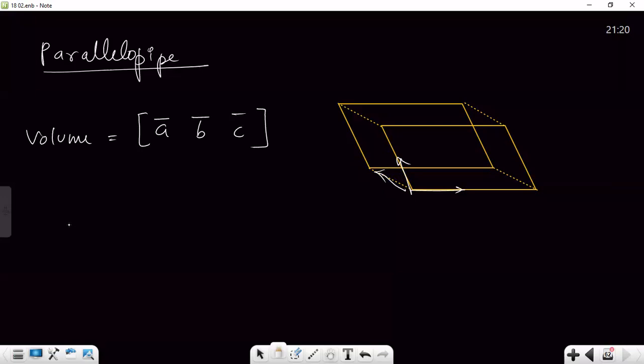And for the tetrahedron as well, the volume of a tetrahedron can also be given by this.